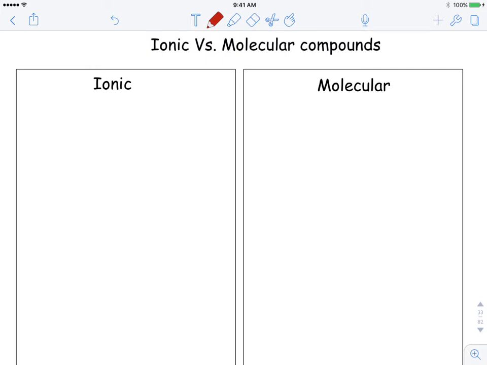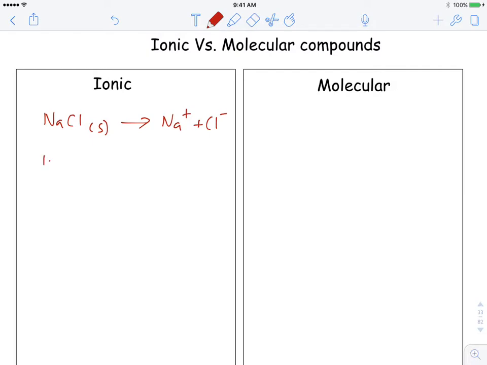Ionic versus molecular compounds. And so if I have an ionic compound, the first thing is that I would take an ionic compound like NaCl, for example, and when I put it into water, it'll form ions, it'll break up. Now these ions, they can move around, they're free.